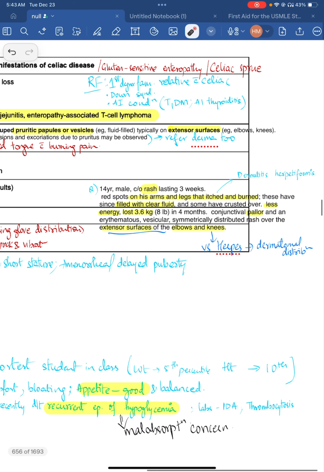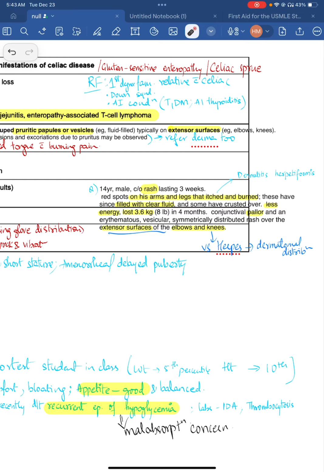There's a question over here. 14-year male complains of rash lasting 3 weeks, red spots on his arms and legs that itched and burned. These have since filled with clear fluid and have crusted over, less energy, lost 3.6 kg, conjunctival pallor is present, erythematous vesicular symmetrically distributed rash over extensor surface of elbows and knees.